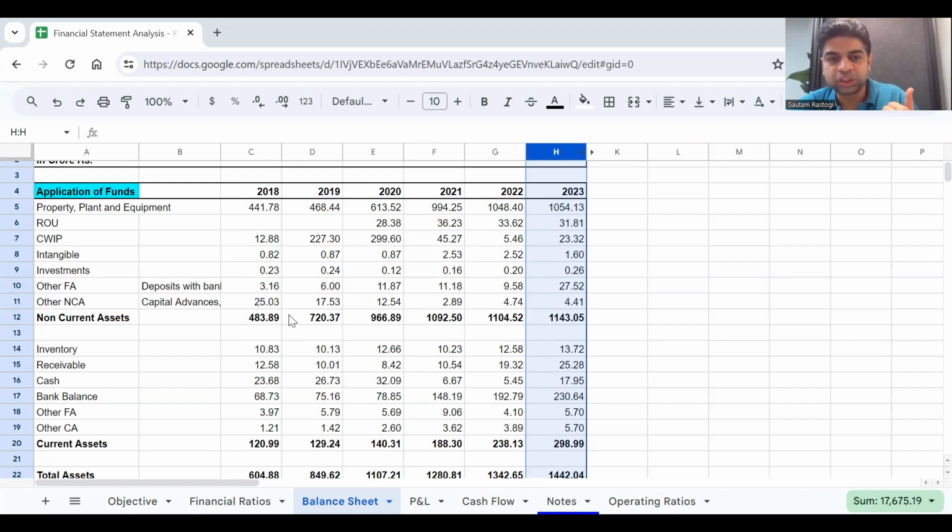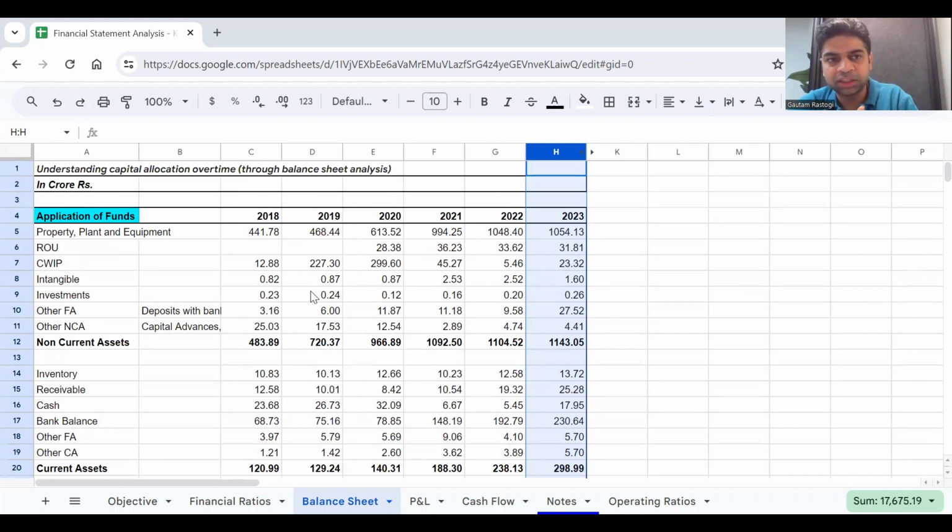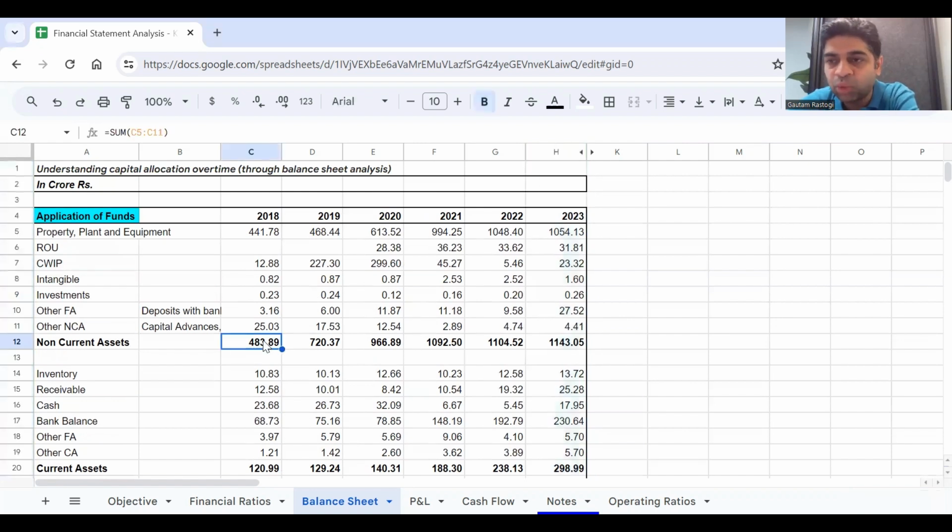If you look at this balance sheet, back in 2018 it had 480 crore worth of non-current assets. Bulk of it was property, plant and equipment, hospital buildings, medical equipment. Now this has more than doubled to more than 1,000 crore.